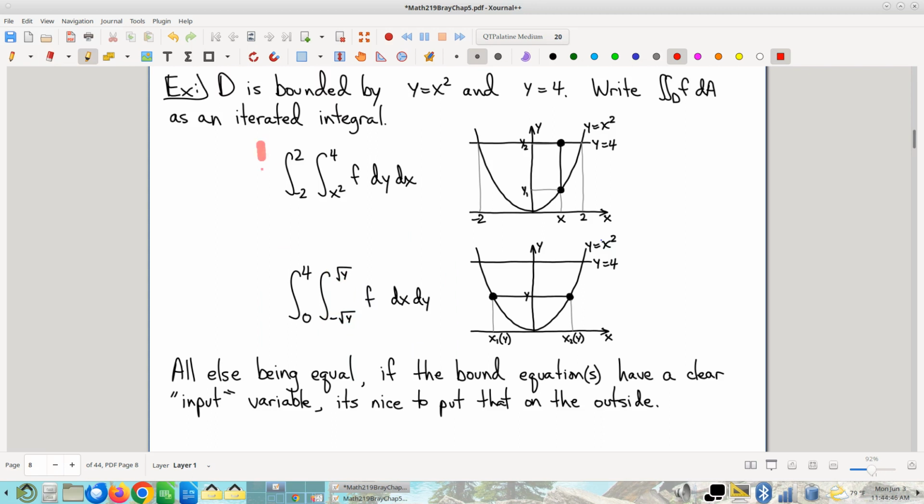All else being equal, let me get off of the red because this is the one I like. This right here, I suppose I don't really like the fact that that's not a constant. But hey, beggars can't be choosers, they can't all be constants. That would mean everything was a rectangle.